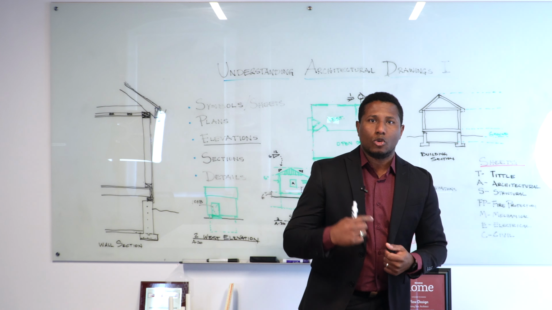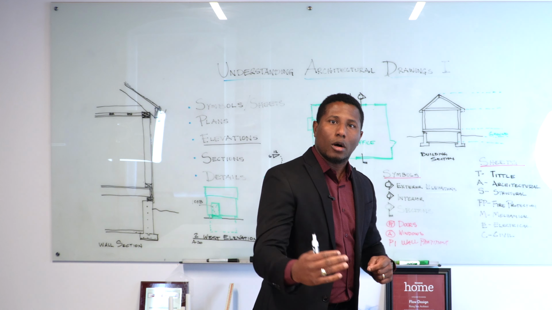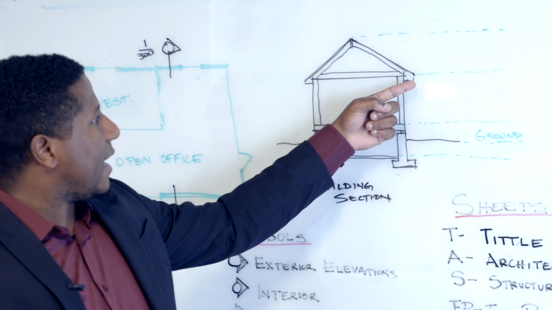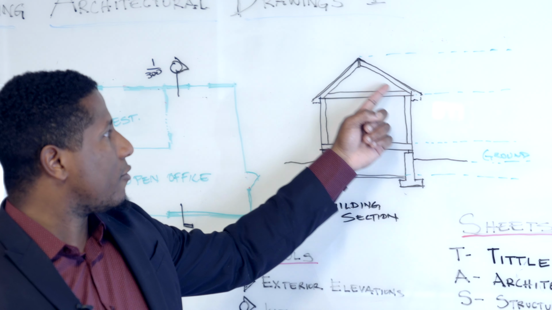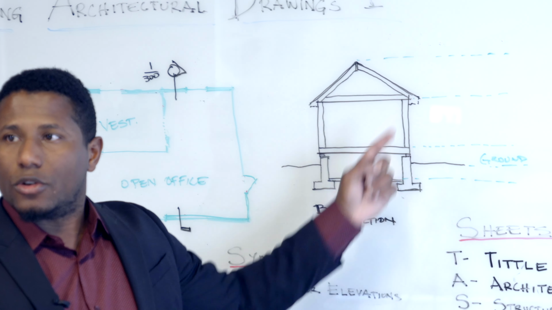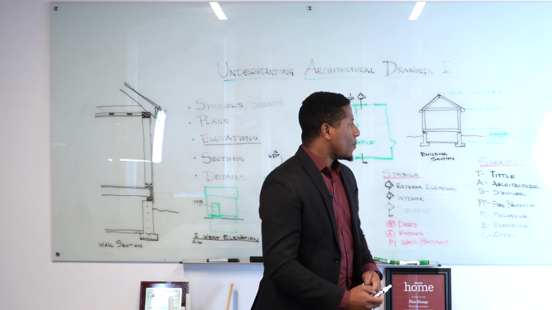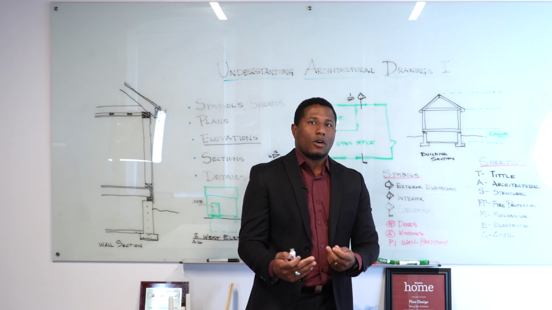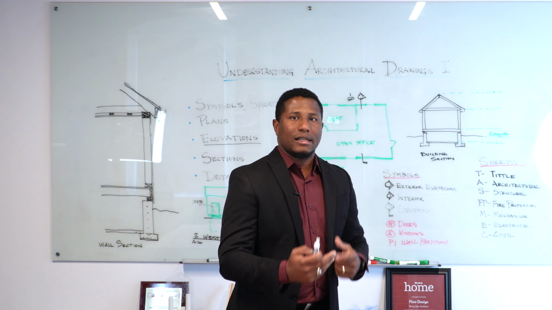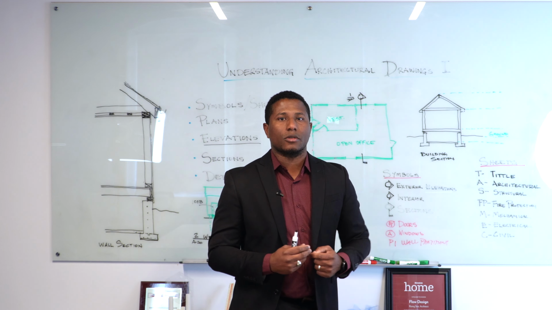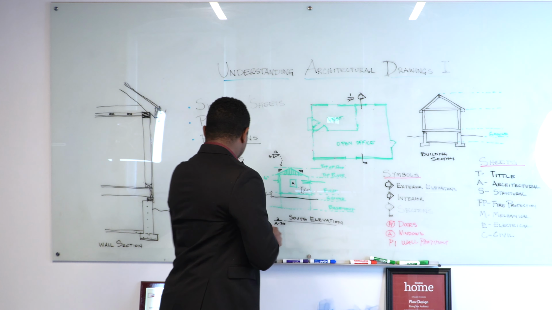Is it 2 by 8, 2 by 10, 2 by 12? You can also see the top plate in relationship with the roof rafters and your ceiling joists in a lot more detail. So this is the importance of understanding what a section is, where you can find it, and what kind of information you can get within a section.